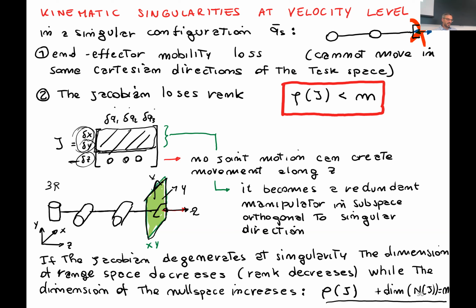You remember that it tells you that the dimension of the row space, which is equal to the rank, which is equal to the dimension of the range space, plus the dimension of the null space is equal to n. So if the range space reduces, the row space reduces and the rank as well, and the null space, to keep this sum equal to n, needs to increase by the same amount. Okay?